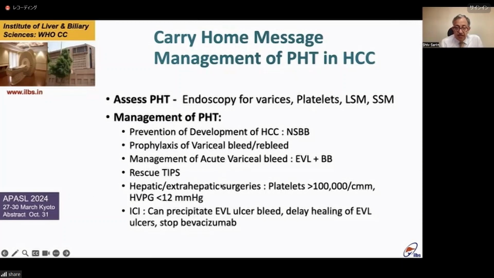If they are high, you can place a TIPS. And immune checkpoint inhibitors can precipitate EVL ulcer bleed and delay healing of EVL ulcers, hence stop bevacizumab, and now newer therapies without bevacizumab are required.